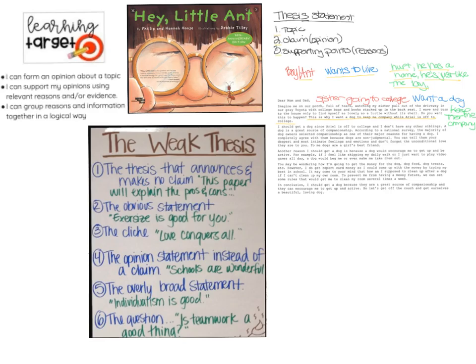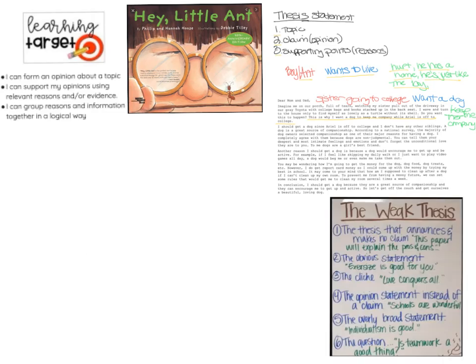This is not how we will write a thesis statement. You really need it to be strong. So you want to make sure that you're including every single piece that I explained and not doing what this anchor chart says. Just as important as giving an example of what it should be, it's also important for you to see what it should not look like.